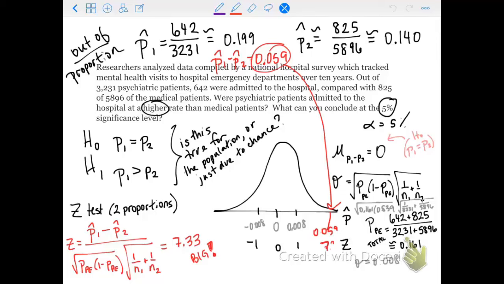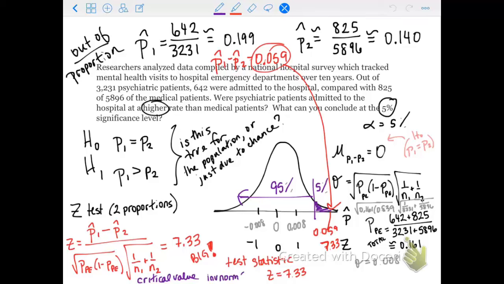That's a big z-value. I'm probably going to reject the null, but I'll still go ahead and find my critical values. My critical values come from alpha, and this is a one-tailed test. This is a 5% significance level, alpha, and it's a right-tailed test. That's 5% in the right tail. I can do inverse norm of 0.95, area left, and I get my critical value is 1.645.